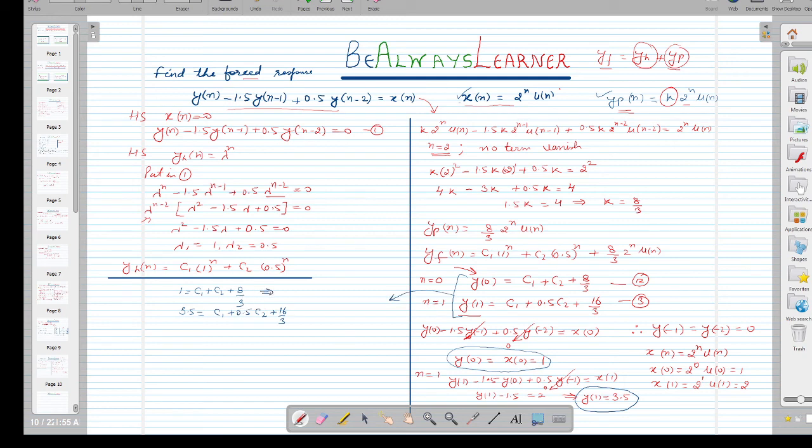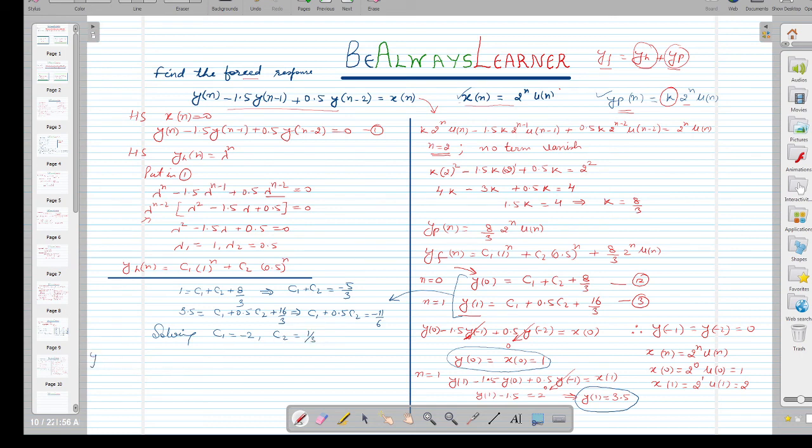Now from this we can simplify it. c1 plus c2 is equal to minus 5 by 3, and from this equation we can write c1 plus 0.5 c2 is equal to minus 11 by 6. So these are the two equations, two variables are there, so we can solve it, and after solving we can write the value of c1 is equal to minus 2 and value of c2 is 1 by 3.